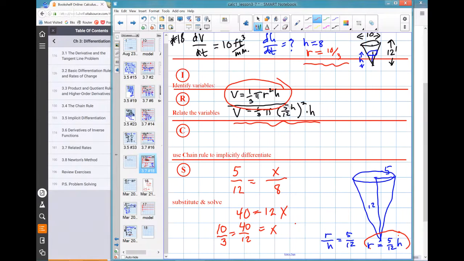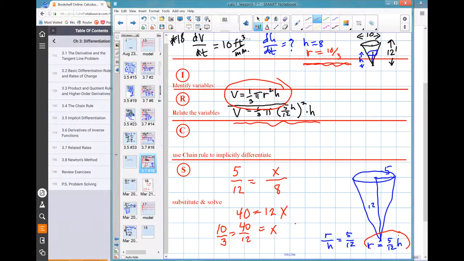And then, all right, now I can come back and make it all h. I don't have an r anymore. Now I've got all h's, and then we were able to proceed. Why did I have to get rid of r? Because even though we could calculate r, in fact, we did up here at the top of the screen, we didn't have the dr/dt, so we'd have been stuck. So we didn't have much choice there.